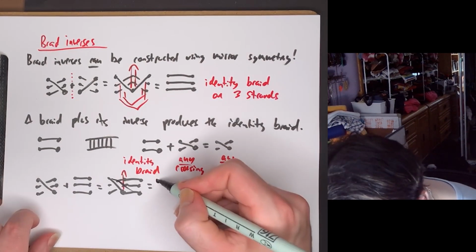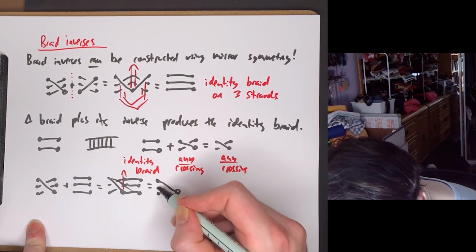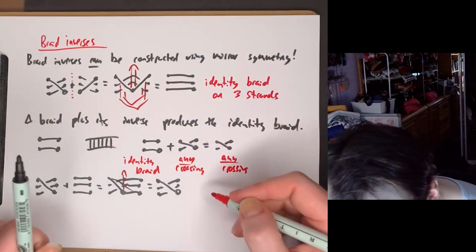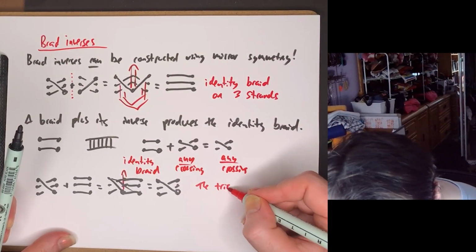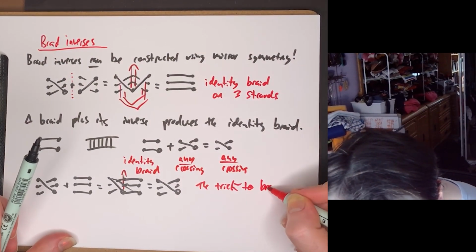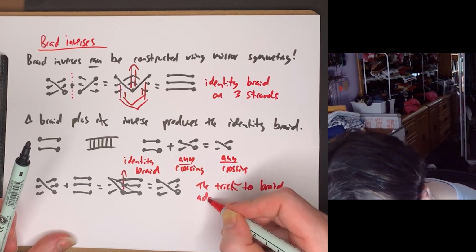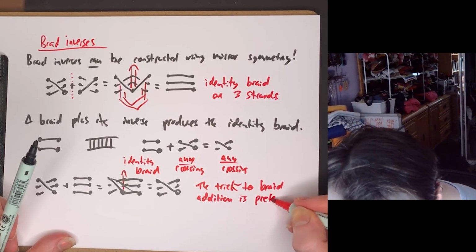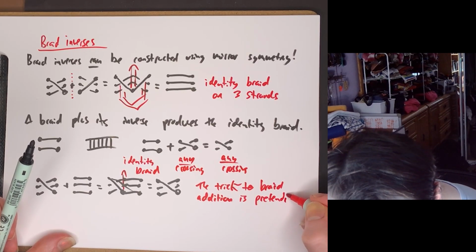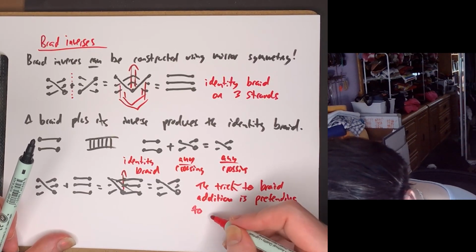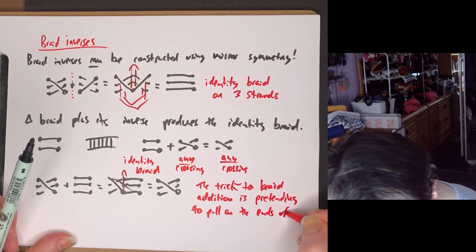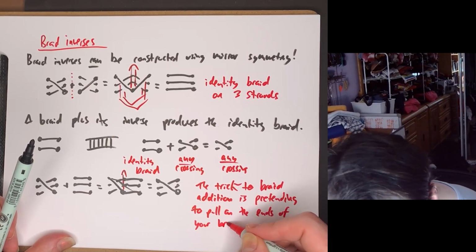We always pretend, basically, if I haven't managed to make that a bit clear, basically the trick to braid addition is pulling the ends of your braids clean. Pretending, at the very least, to pull on the ends of your braids.